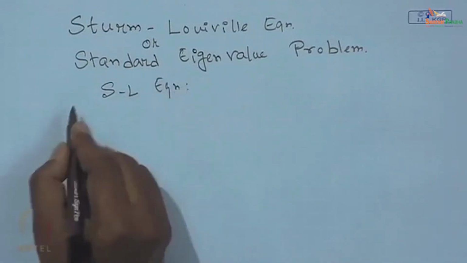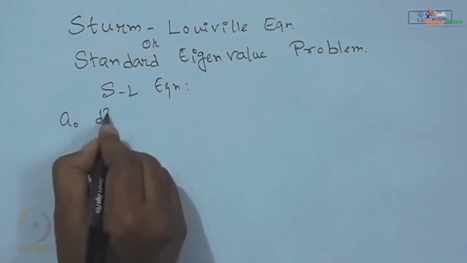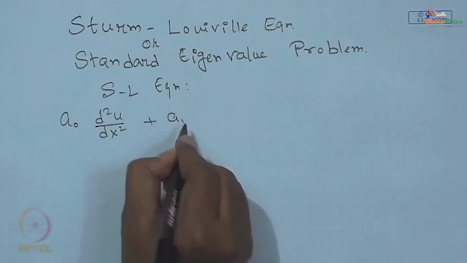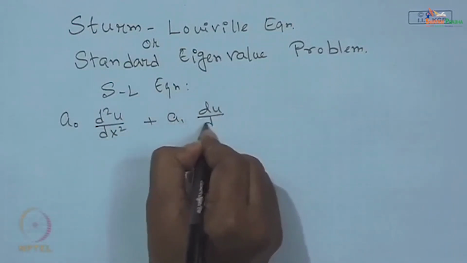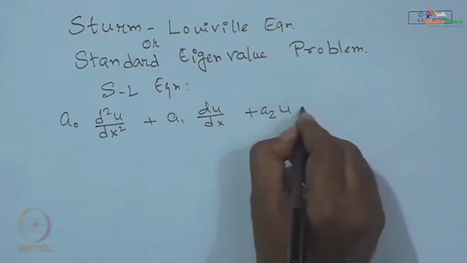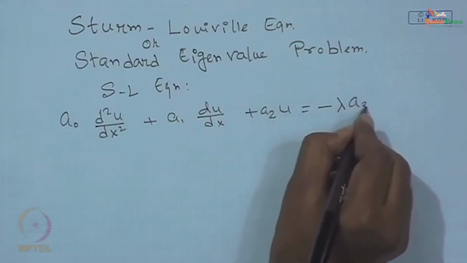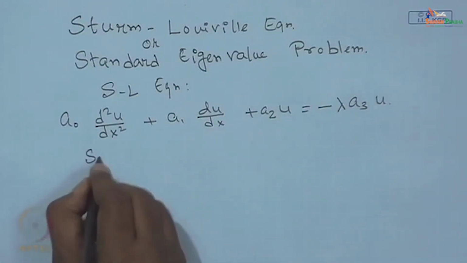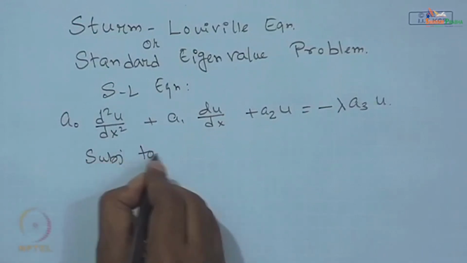The Sturm-Liouville equation, or SL equation, is defined as A0 d²u/dx² plus A1 du/dx plus A2 u is equal to minus lambda A3 u, subject to the boundary conditions.